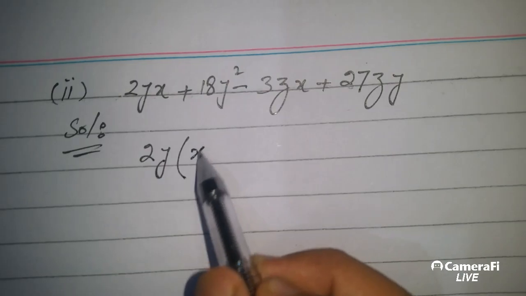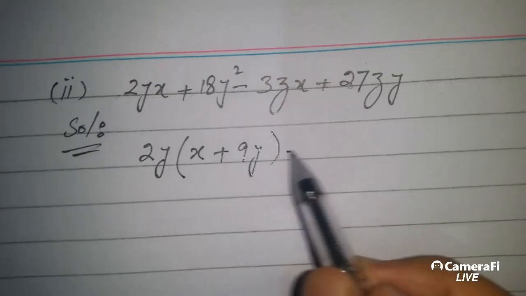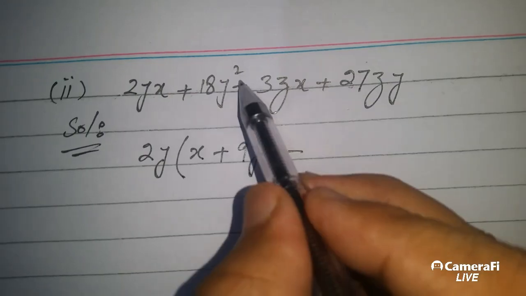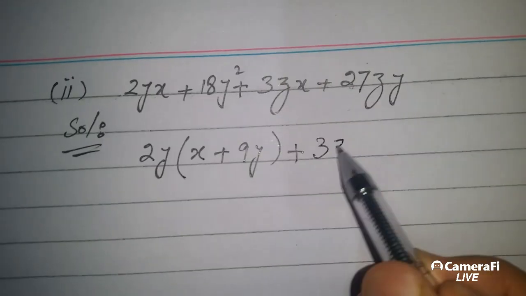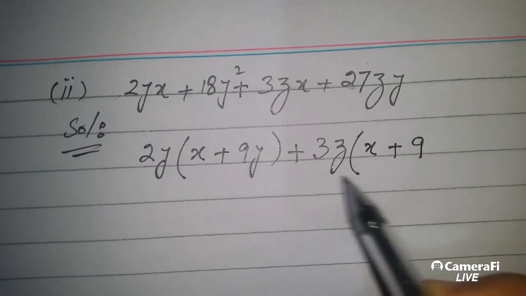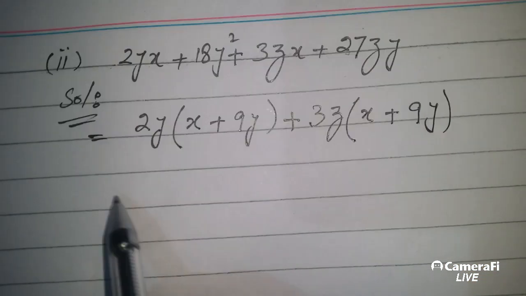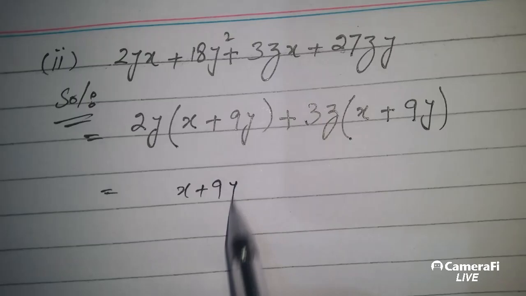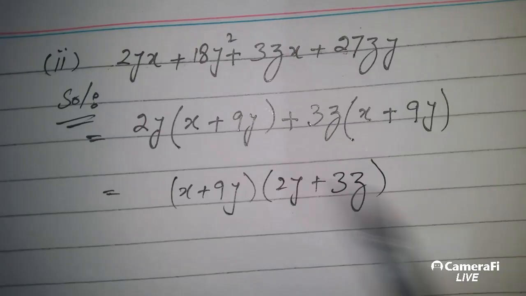So what is left here is x plus 2 9s are 18, 9. And here again 3 and z can be taken as common factor. What is left is x plus 3 9s are 27 and y. So here again x plus 9y, from these two terms x plus 9y can be taken as a common factor, and 2y plus 3z is what is left.